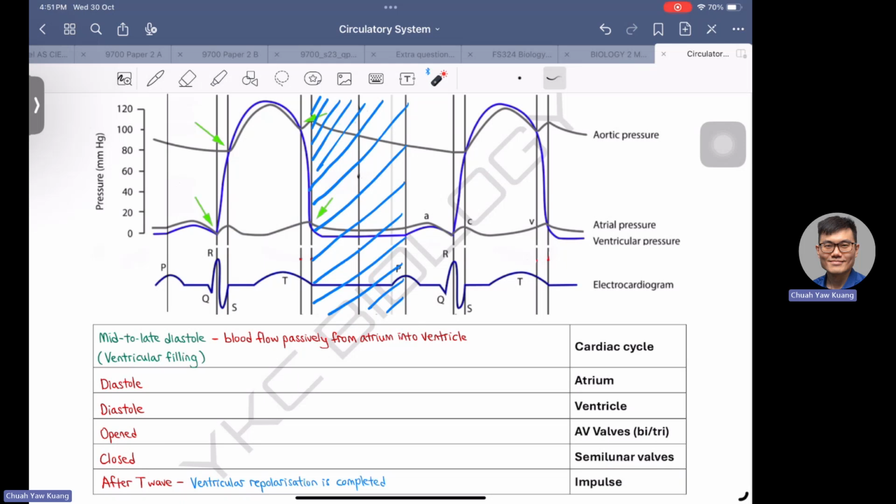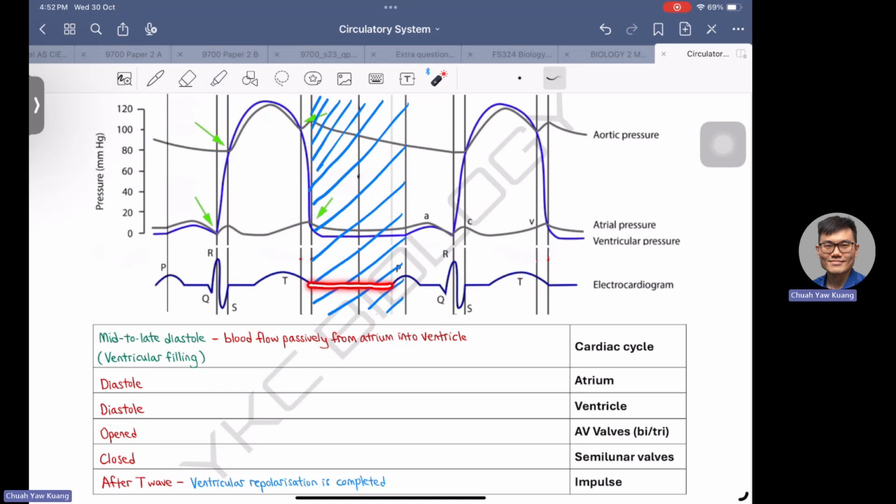So this whole phase is considered as mid to late diastole. And the major thing that occurs here would be the ventricular filling. That means the filling of the blood into the ventricle from the atrium. For the impulse, we will only see the flat line after the T wave.